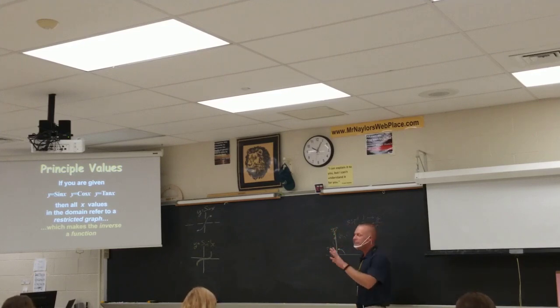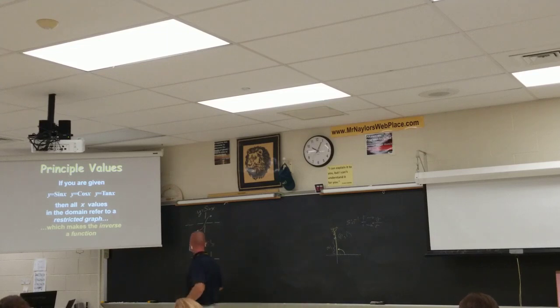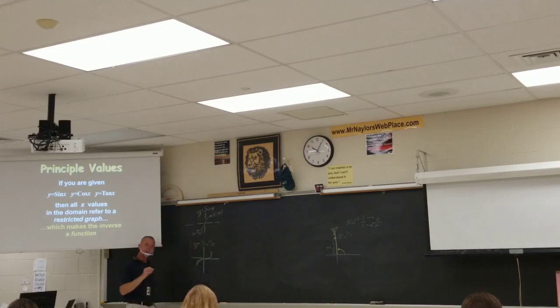Now these places, and again, I really like how you said it, it only takes this straight part. It's really peak to peak. And for sine, it's negative 90 to 90. If you look at the graph, you would say negative 90 to 90.